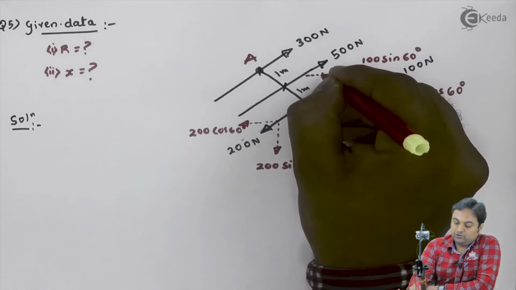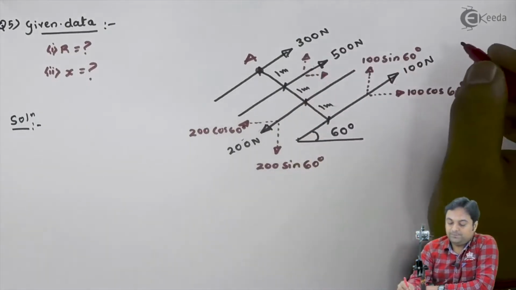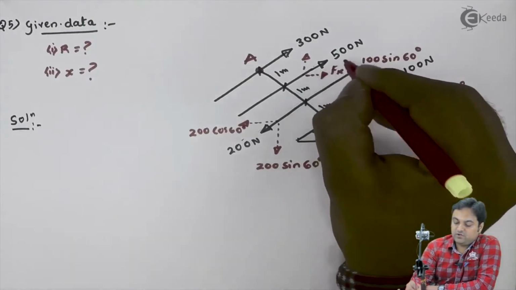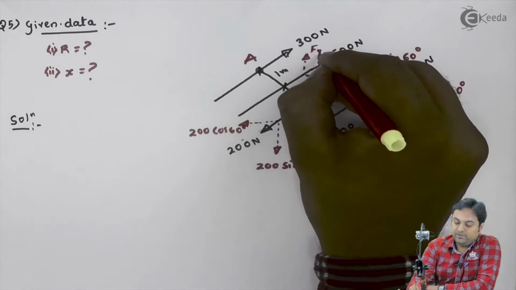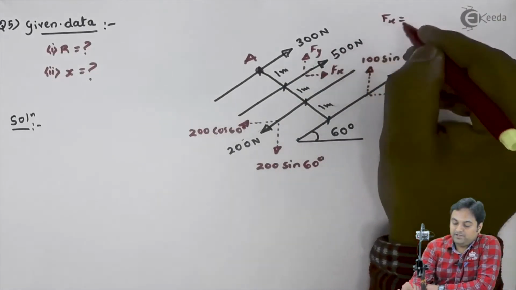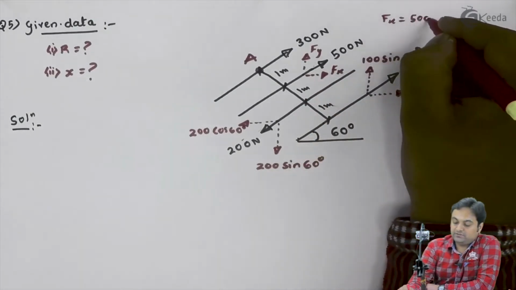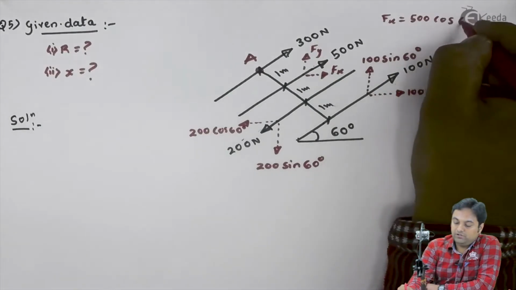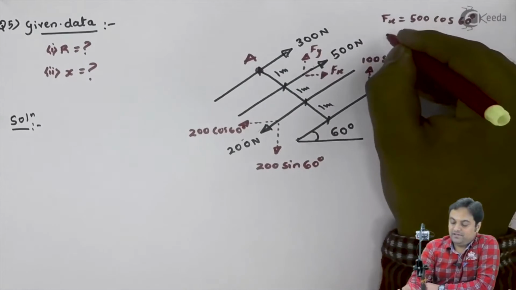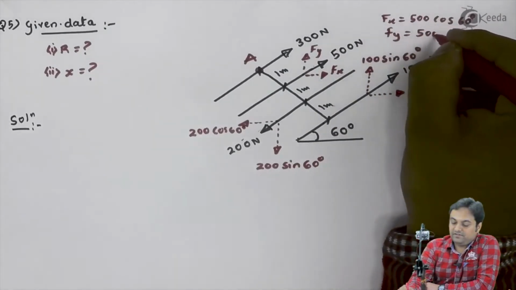Horizontal component I will write as Fx, vertical component as Fy, and here I will write the value. Fx will be equal to 500 cos 60. I am writing the values separately to avoid confusion in the diagram. Fy will be 500 sin 60.